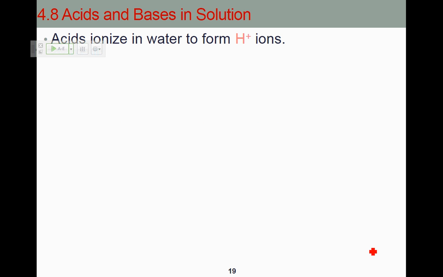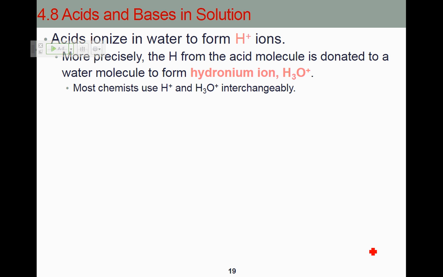So acids ionize in water to form H+ ions. And we looked at that slightly. More precisely, when you talk about acids and bases in Chemistry 106, you're going to be looking at this in more detail. We're not really focusing on acids and bases too much in this particular part of general chemistry. But more precisely, what we form is our hydronium ion, H3O+.